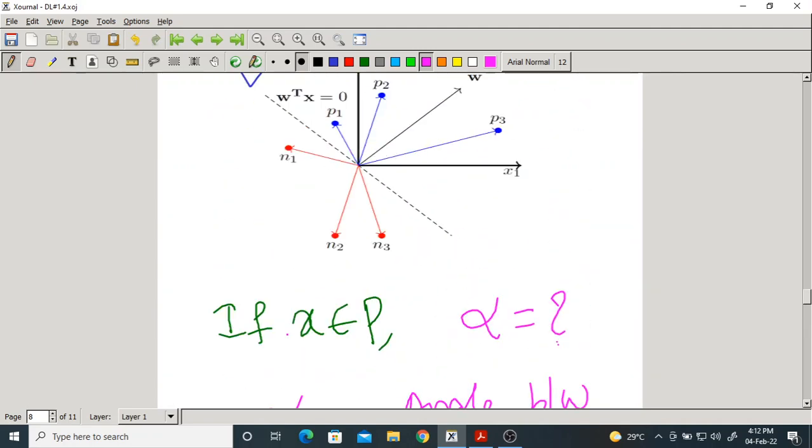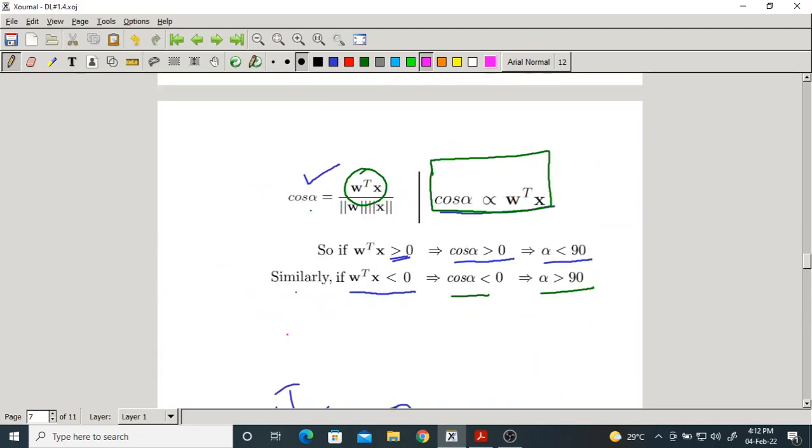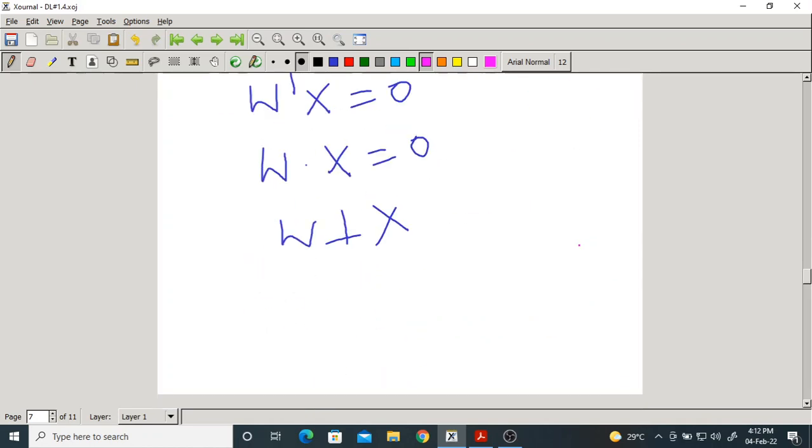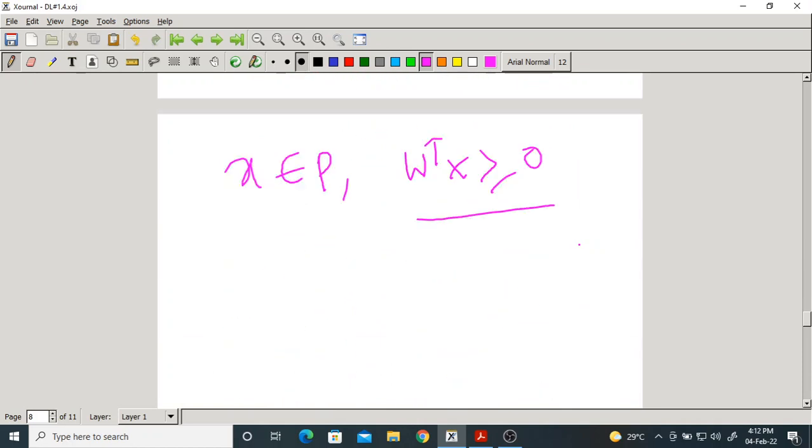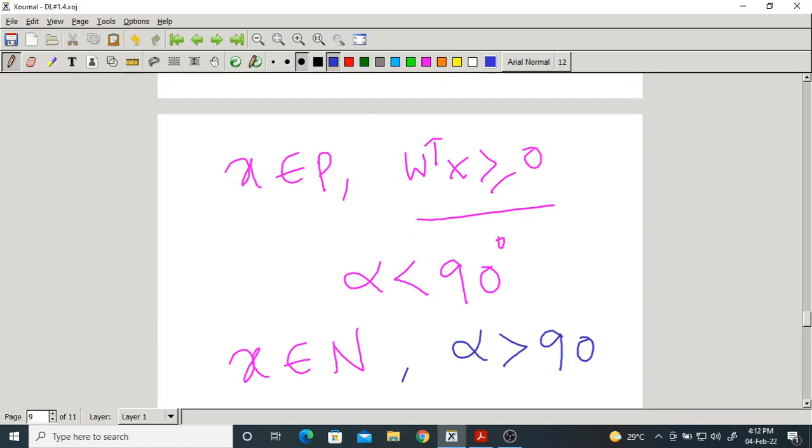Just now I told you: whenever this is positive, cos alpha is also positive and alpha is less than 90 degrees, which means the angle should be less than 90 degrees. When x belongs to negative inputs, obviously alpha should be more than 90 degrees.